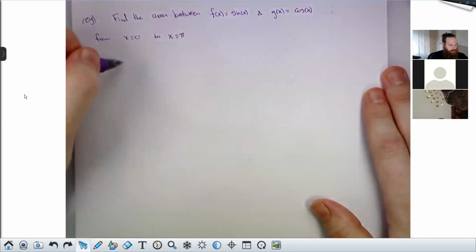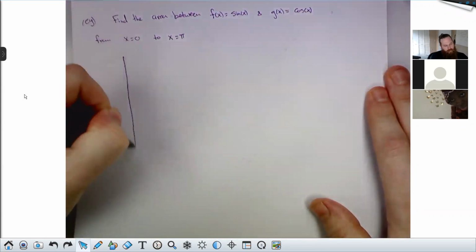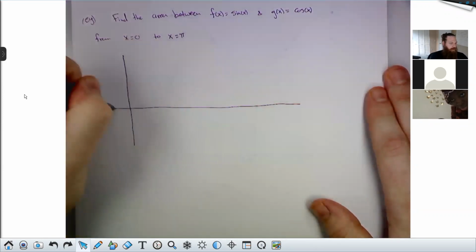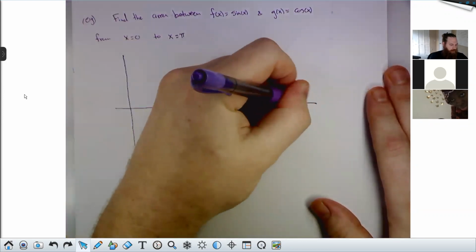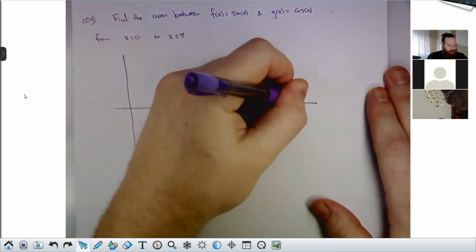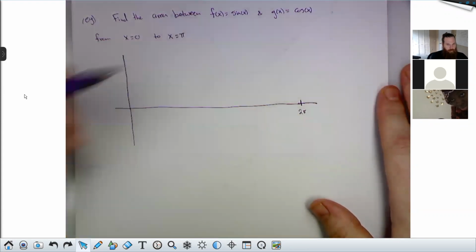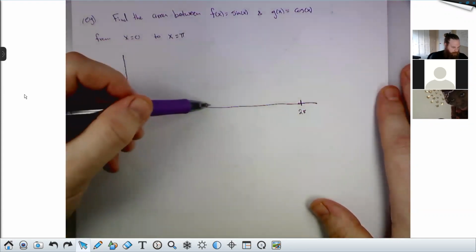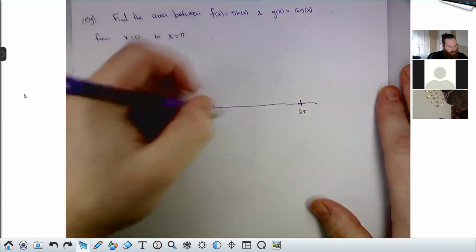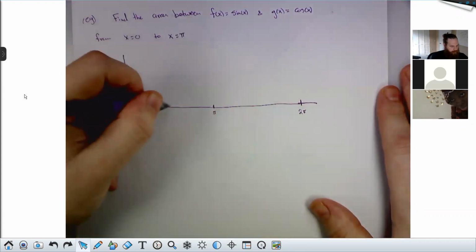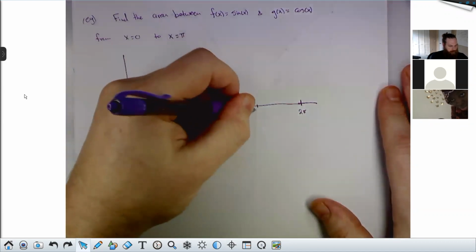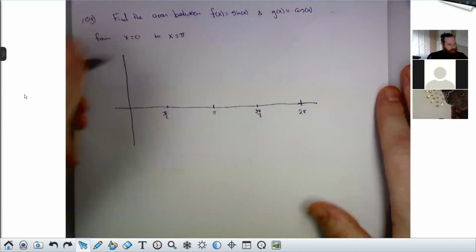Well, that means I need to start with a sketch of these sine and cosine functions, at least from 0 to pi. Let's sketch them all the way out to 2 pi. So I'll call that 2 pi. That makes halfway about here pi, which makes this pi over 2, and this 3 pi over 2.